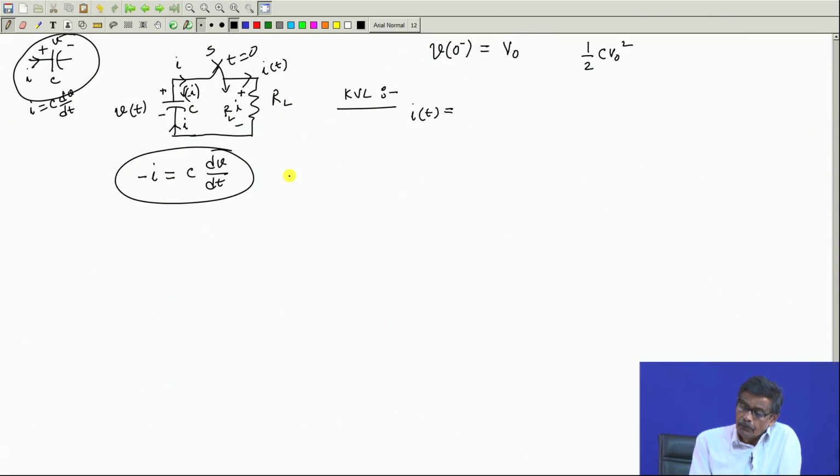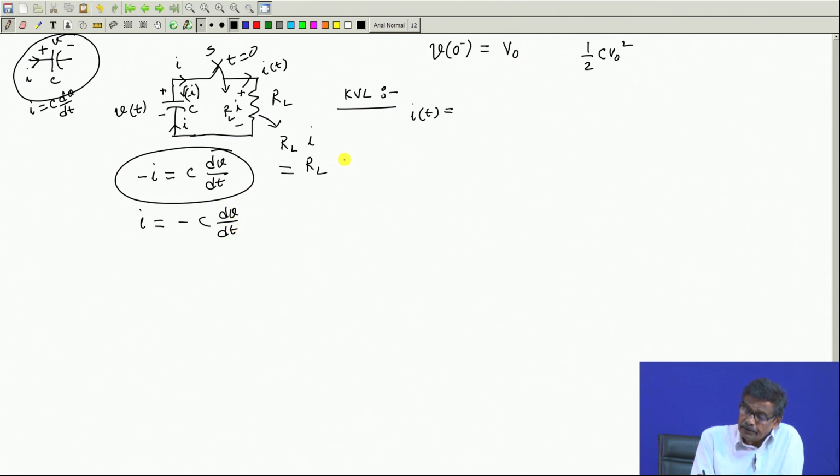Okay. Now, I will write down the KVL equation in this circuit. You start from anywhere you like, for example, this will be this drop R L into I, which is nothing but R L into I is minus C dV dt.